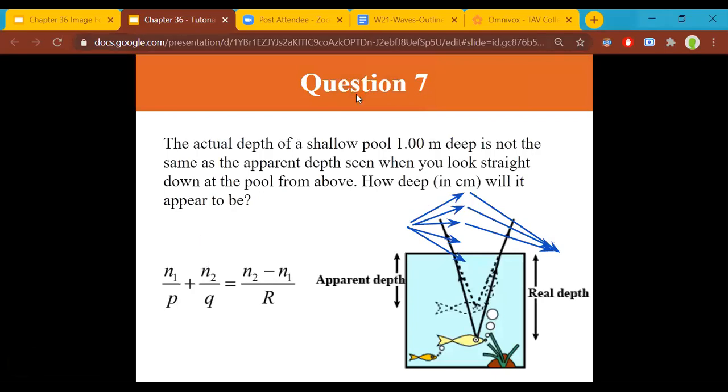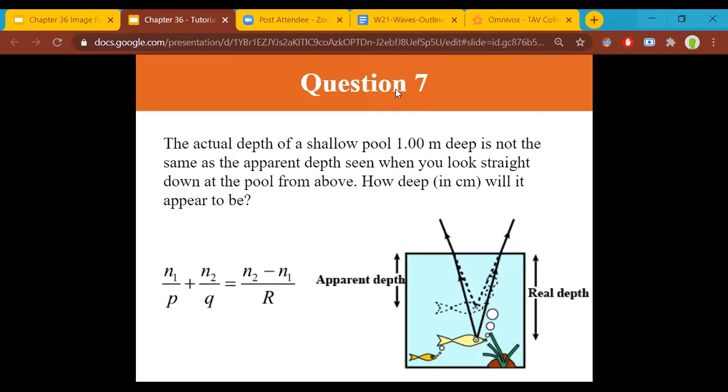Okay, so next question. You're looking at a swimming pool, it's 1 meter deep. And the question is, how deep does the pool appear to be? Basically, because the pool and the air act as, like I said, a refracting surface, if you're standing above the pool, everything inside the pool looks shrunk.